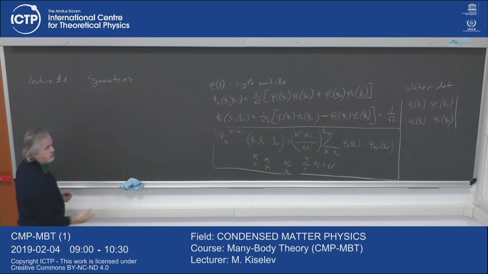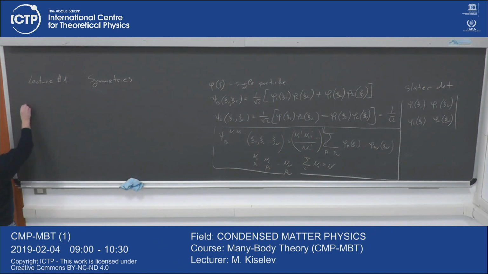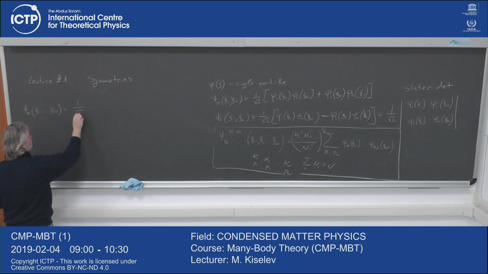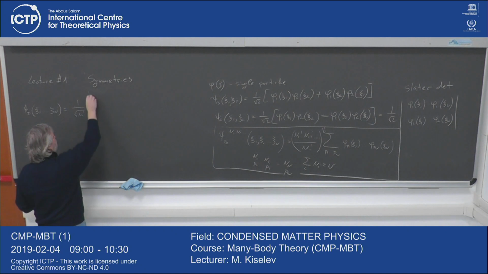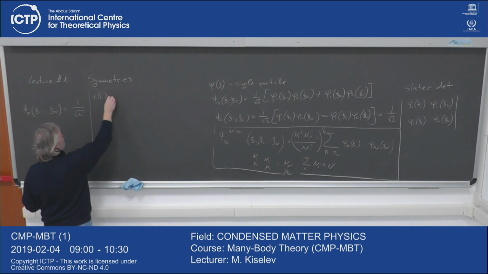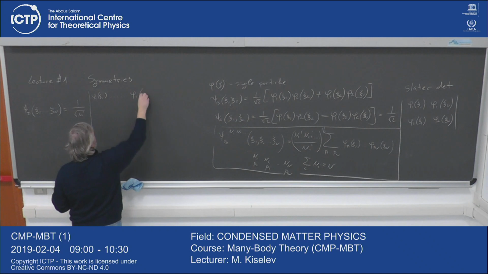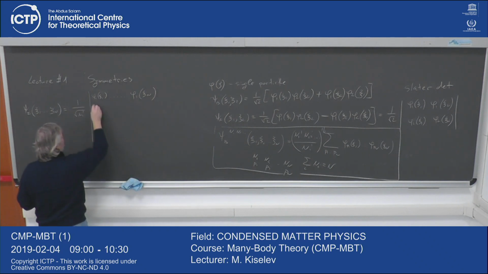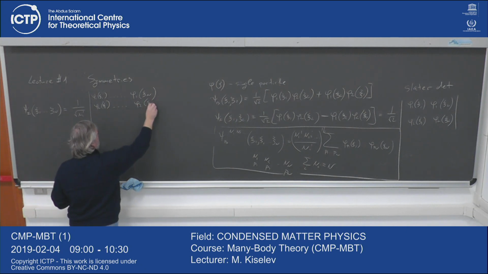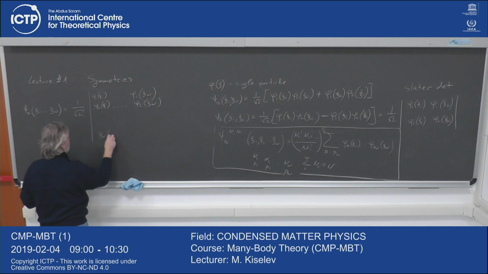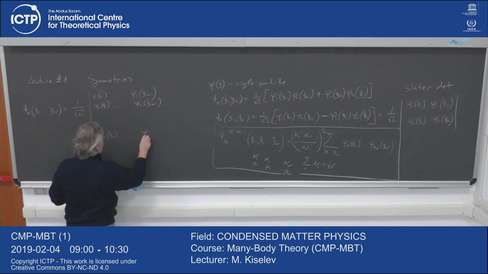For fermions, clearly we need to construct the determinant. This is 1 over square root of n factorial, times the determinant with rows phi1(ξ1) ... phi1(ξn), phi2(ξ1) ... phi2(ξn), up to phi_n(ξ1) ... phi_n(ξn).